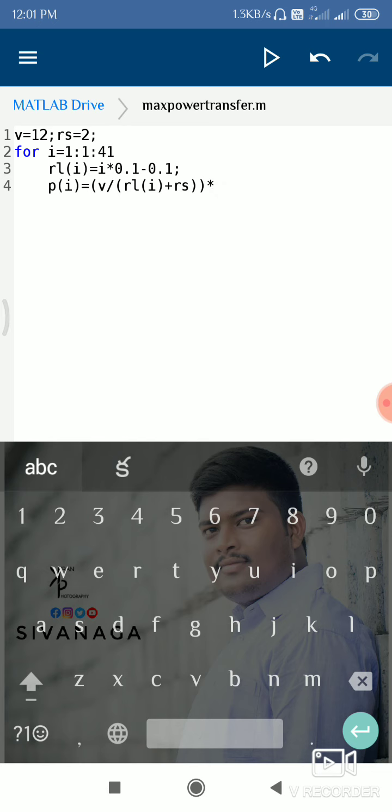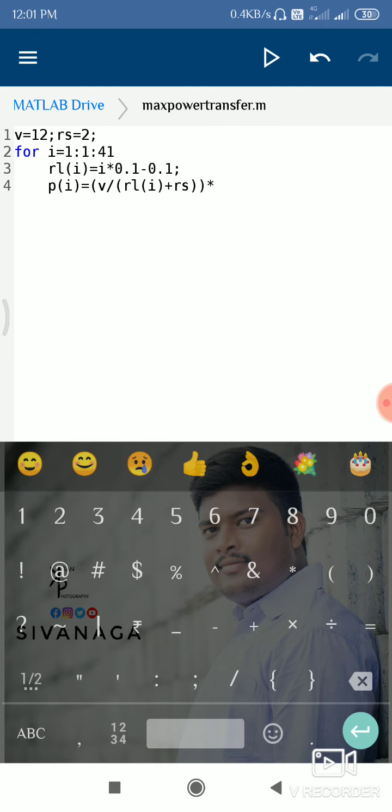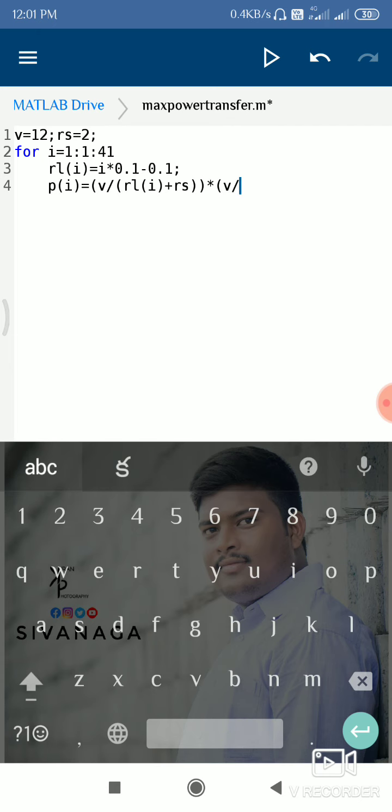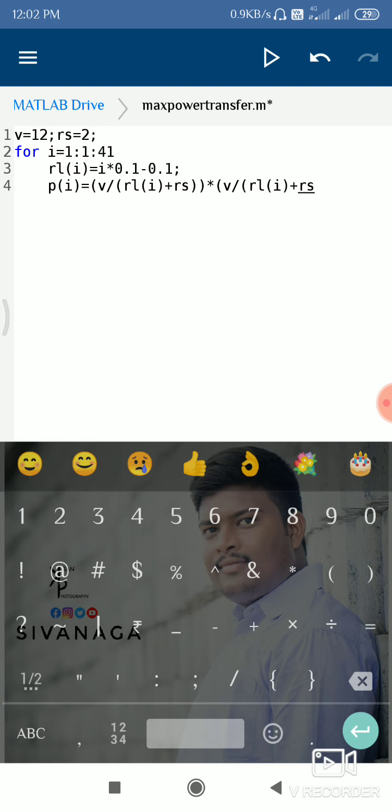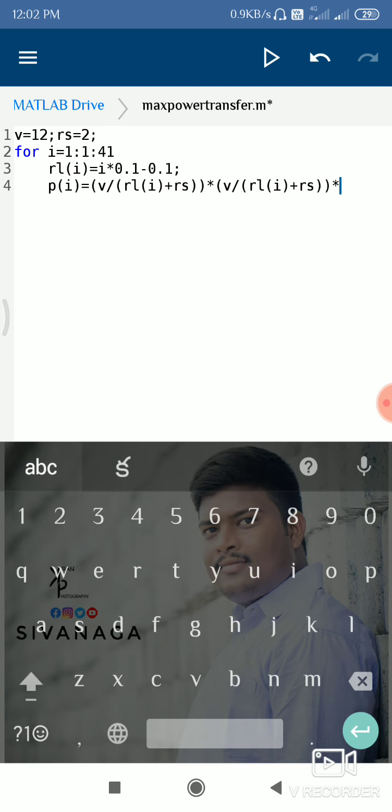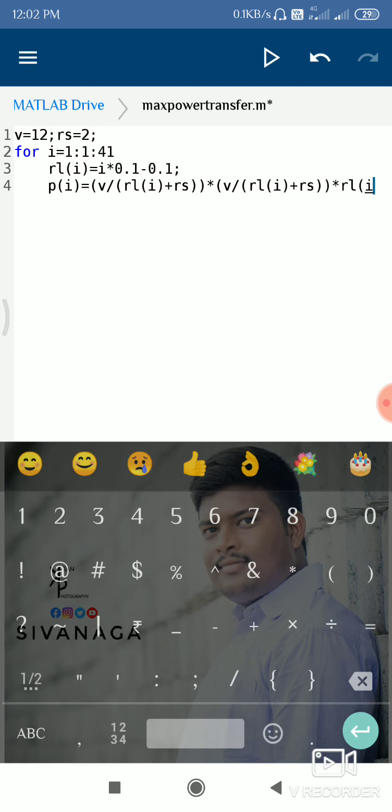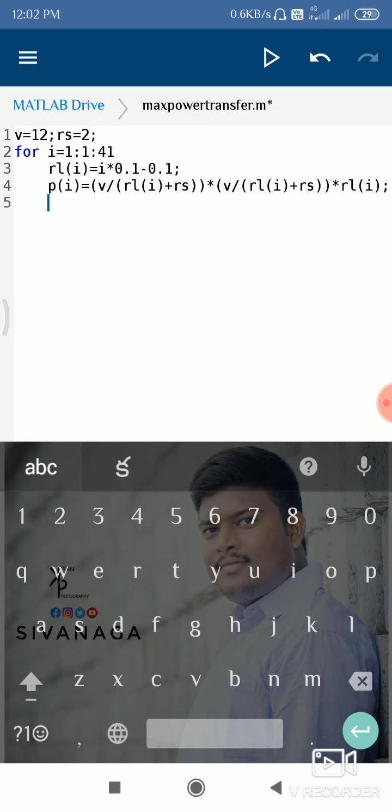So I square, I am rewriting this: V by RL of I plus RS, into, since this is totally I square into R, I am writing RL of I, semicolon, end this program.